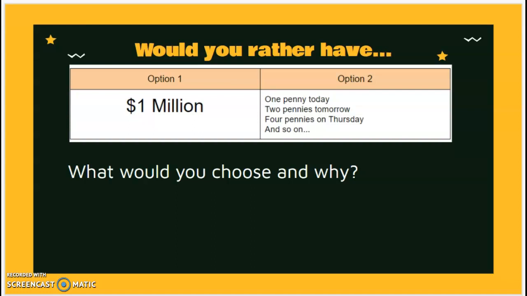Now that you've thought about it, I know a lot of people are going to choose option 1, straight up $1 million. Here you go, $1 million for you. Option 2, people say, oh, I'm only starting with a penny, but you're going to get 2 pennies tomorrow and 4 pennies on Thursday, and it's going to keep increasing. But I also see the objection that pennies aren't a big quantity of money.